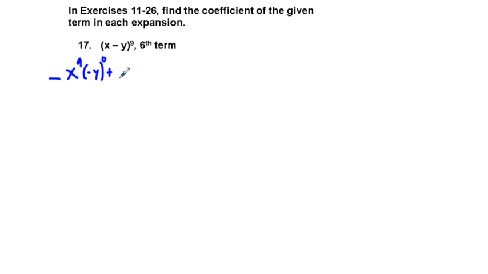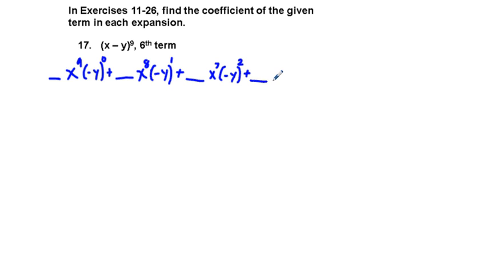Then plus some coefficient x to the 8th power, and we're going to have this negative y to the 1st power. So that's our second term. Our third term is going to be some coefficient x to the 7th, and this negative y squared.